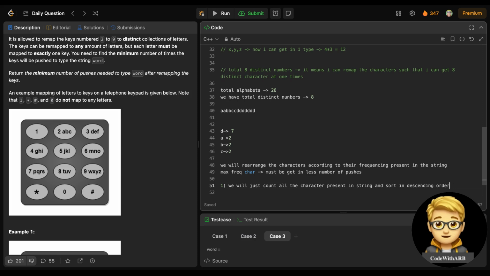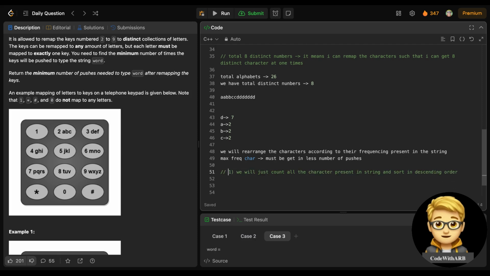And one thing is clear: I can place eight distinct characters in eight numbers, so that each gets one push. Eight distinct characters at the first position of each of the eight numbers, right?